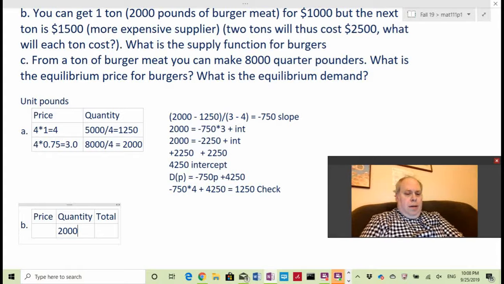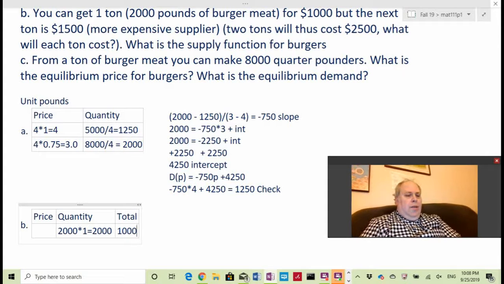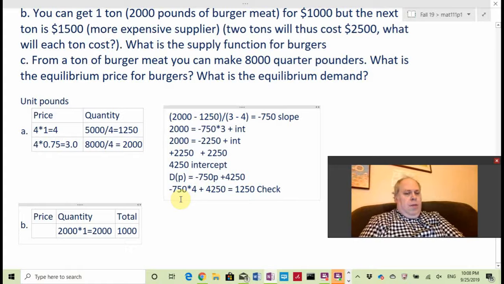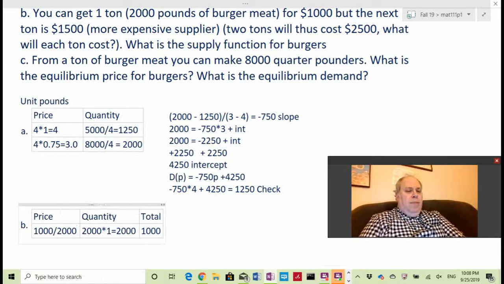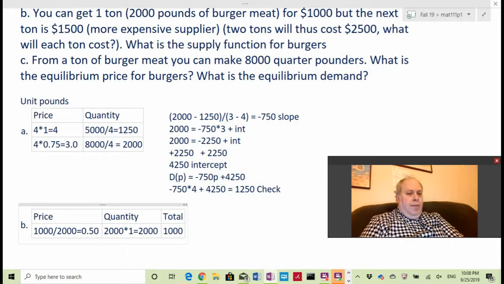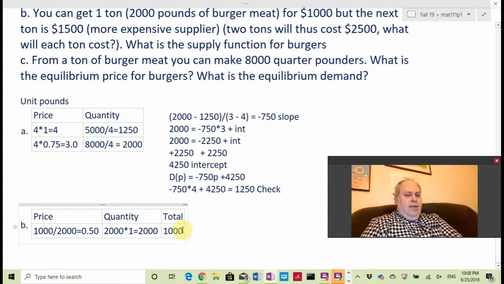The total we'll spend on those 2,000 pounds is $1,000. So how much are we spending per pound? Once again, you take the total price and divide it by the quantity you're buying, and that gets the price per item, which is 50 cents a pound.